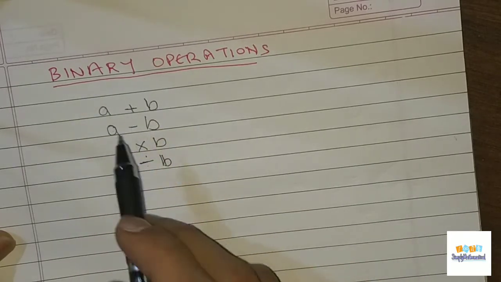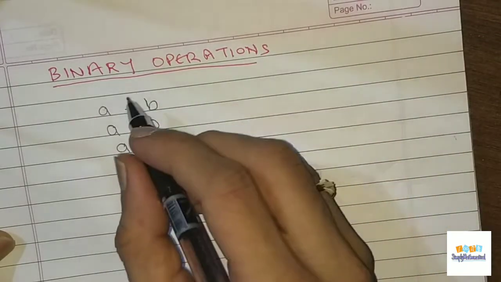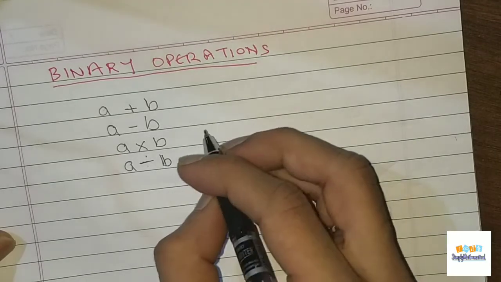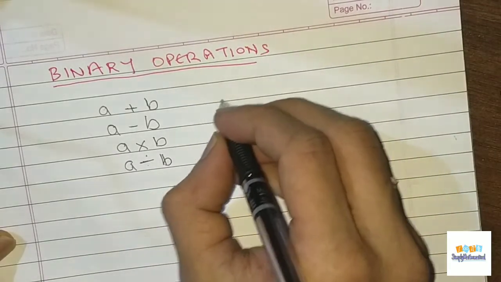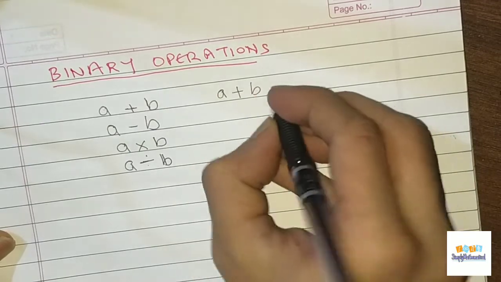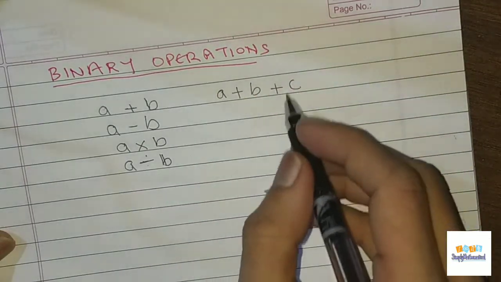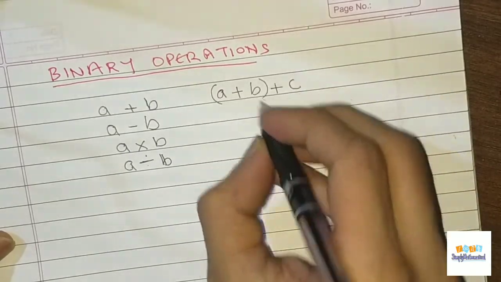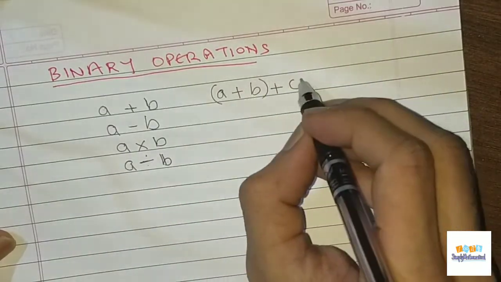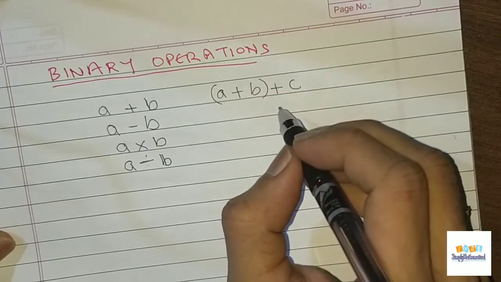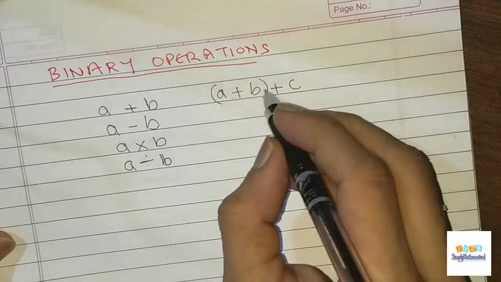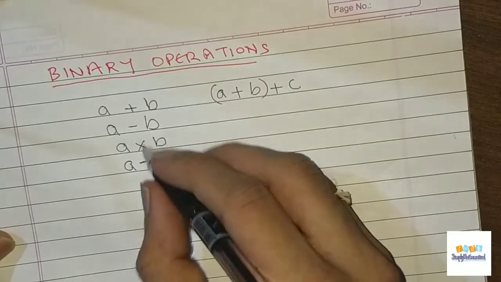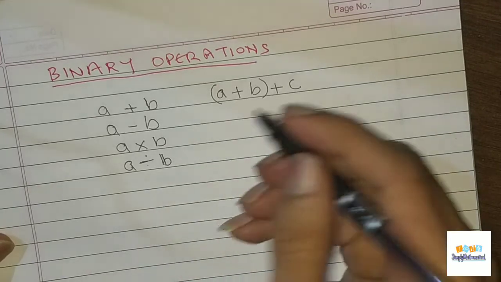Now, even if you add three numbers, you first add two numbers and the result that you get, you add with the third number. So again this plus is a binary operation. Similarly for all these operations.